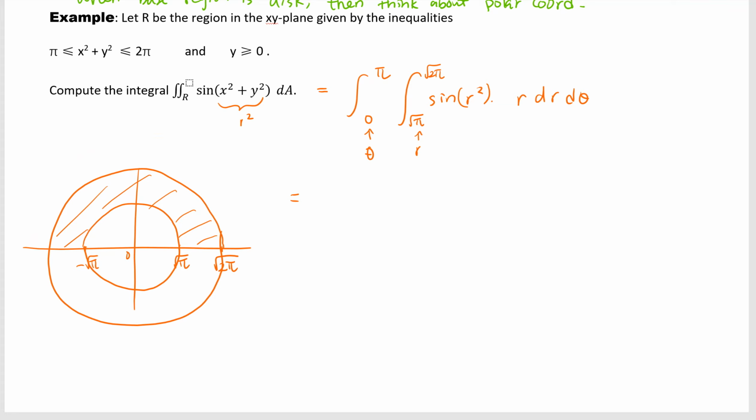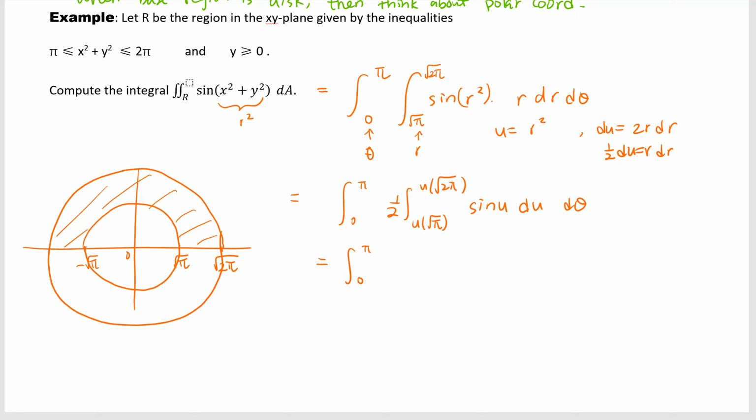So let's integrate. Well, u substitution, u equals r squared. du will be 2r dr, so r dr equals 1/2 du. And then the inside integral is from u of square root of pi to u of square root of 2 pi, and then we have sine u du times 1/2. Let's move it in front.